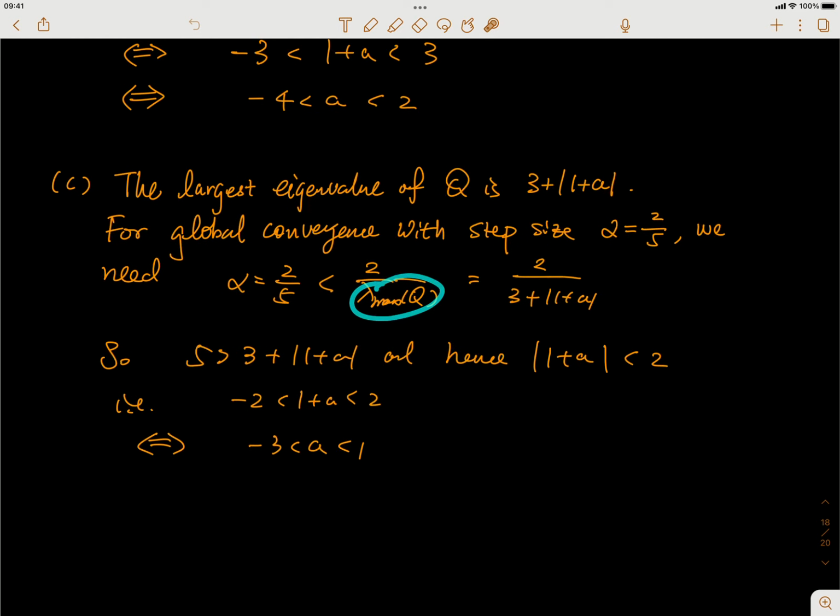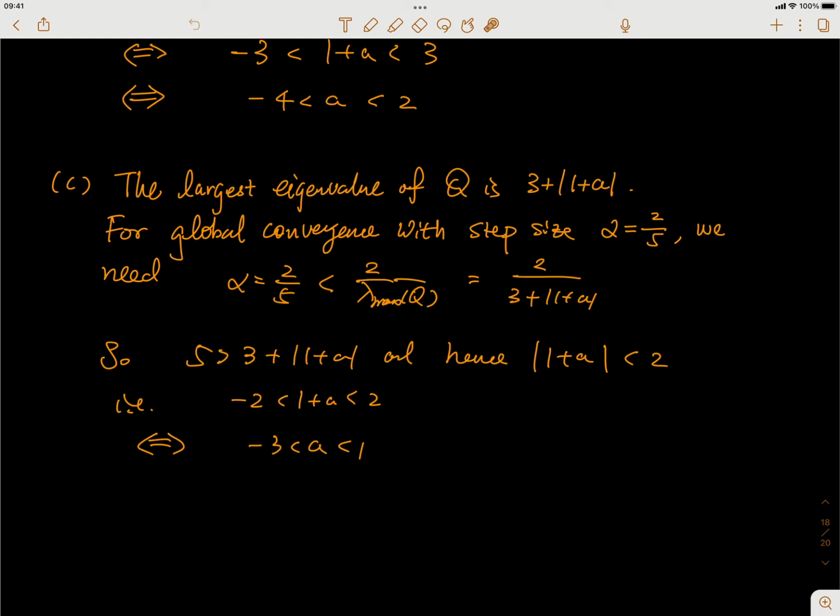So we just need to figure out what are the possible values of a such that this inequality holds. And again, we just need the 2/5 less than that, and you can do a simple algebra to show that essentially 5 should be bigger than that, or 2 must be bigger than the absolute value of 1 plus a, and then you can solve for that.